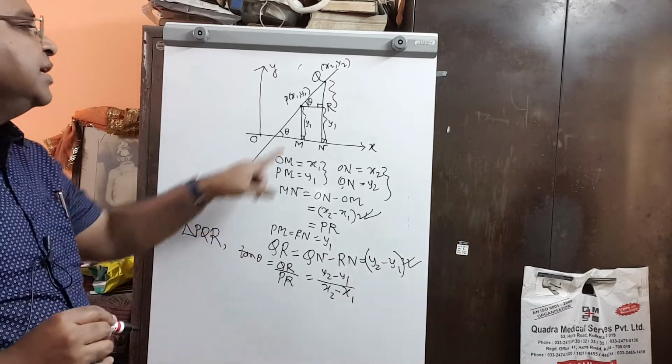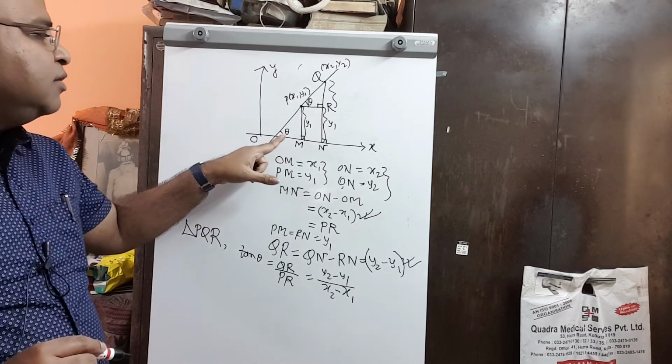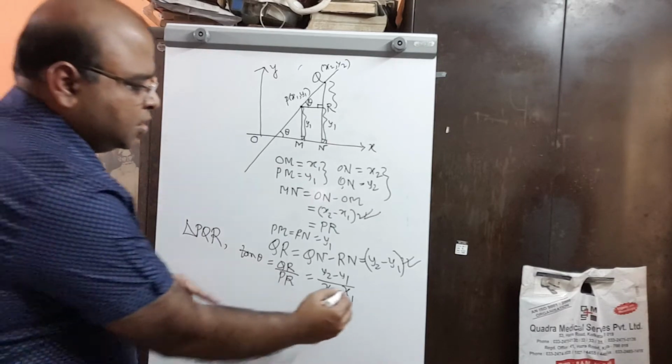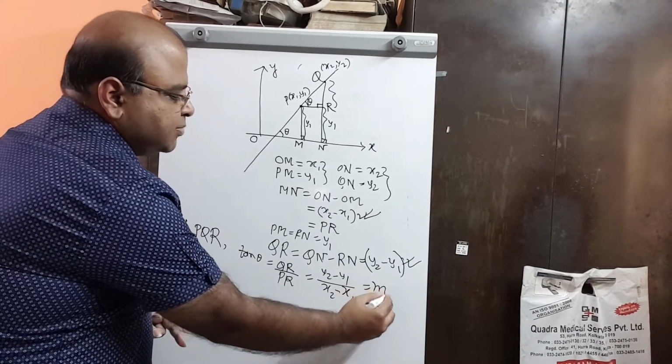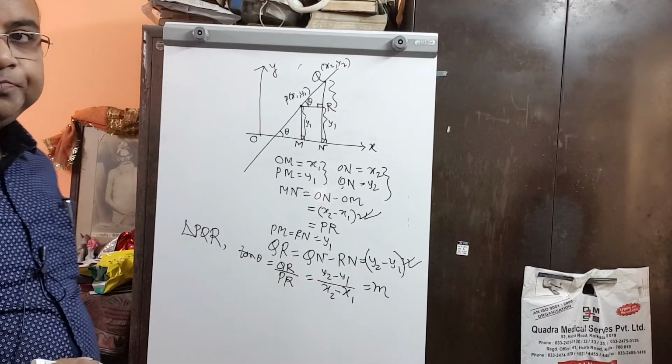And tan theta is nothing but the slope of the line PQ, as we have discussed earlier. Theta being the angle of inclination, its trigonometric tan value is nothing but the slope. So this is the value of m in terms of x1, y1, x2 and y2.